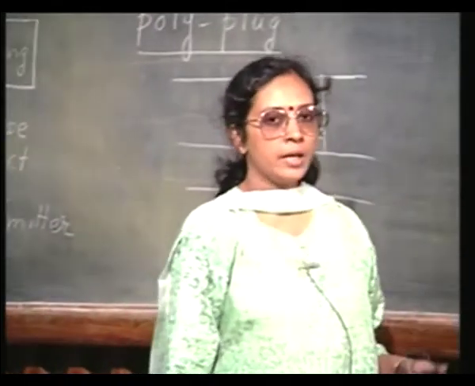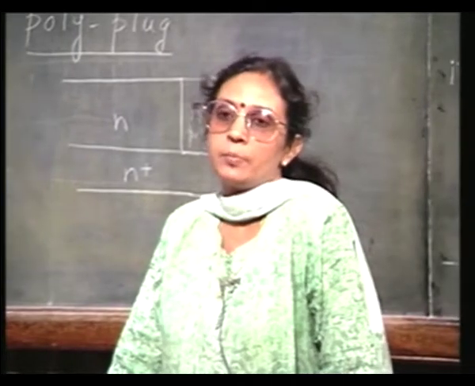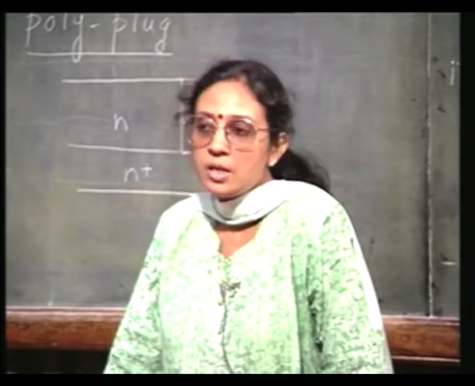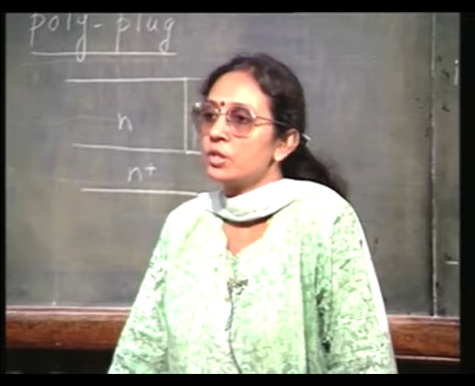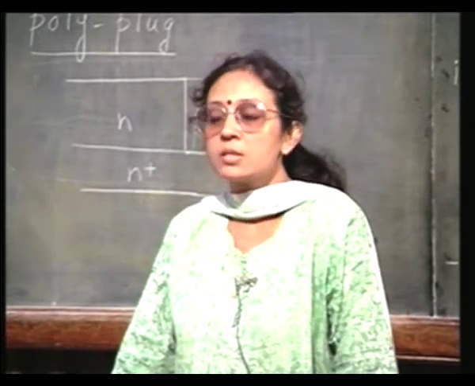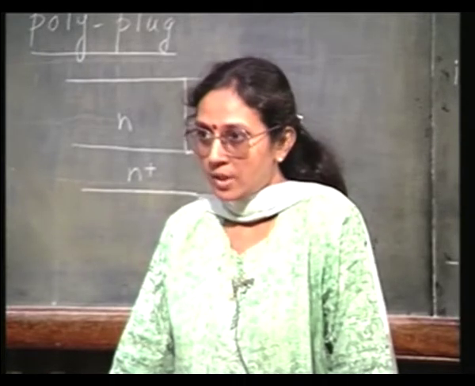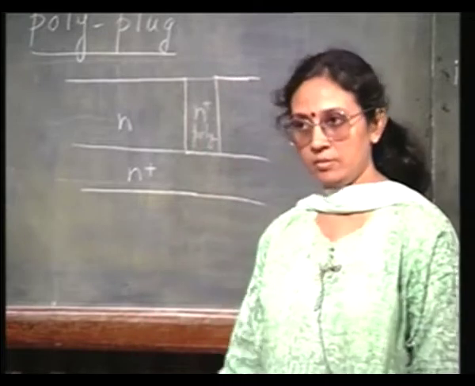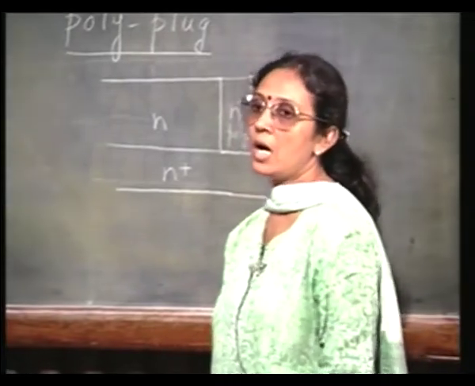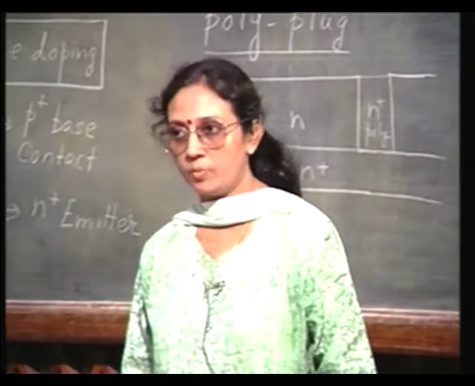So, we have seen both the bipolar junction transistor technology as well as the MOS technology, particularly the CMOS technology, which is of great dominance today. And then we have seen, though very briefly, how a BICMOS technology can evolve from the CMOS technology.